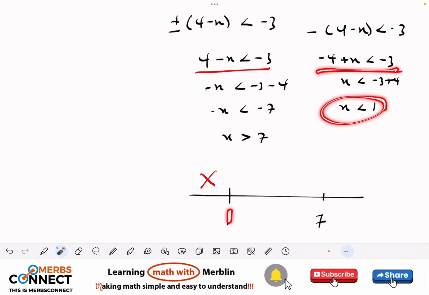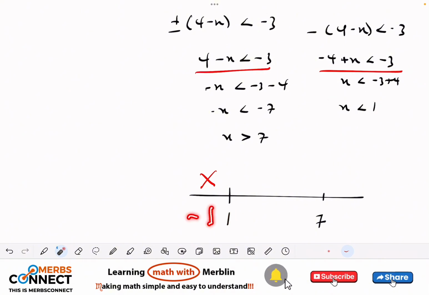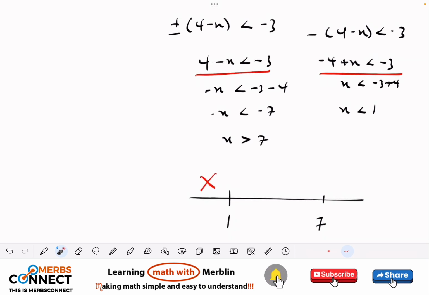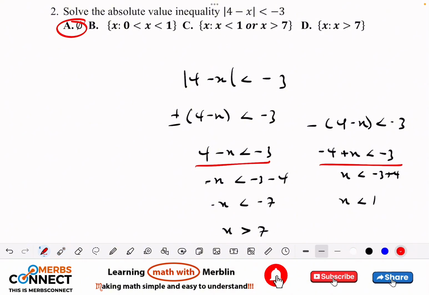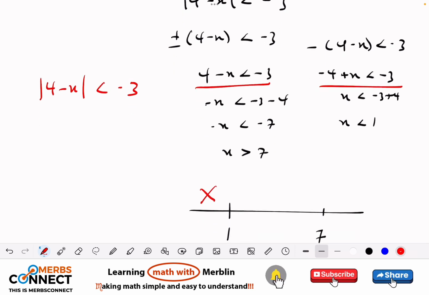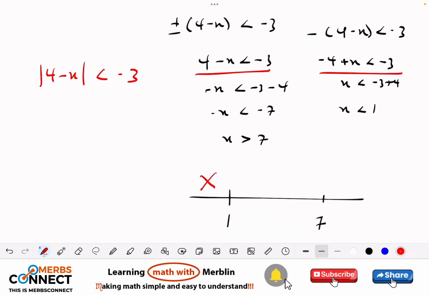So we need to use this. So when I pick -1 here, plug in -1 here. No, what I'm doing is plugging them here rather. 4 minus x is less than -3. Yeah, that's why it's going to give us the original solutions.